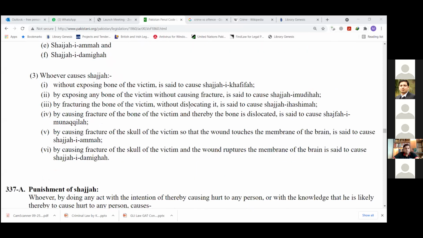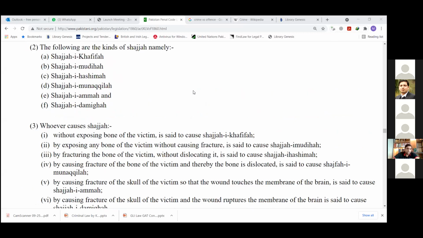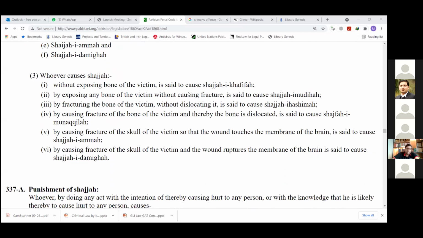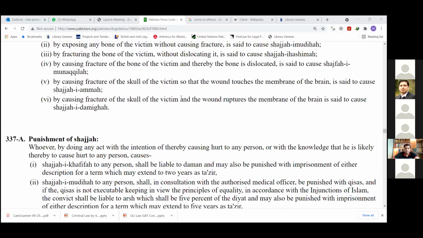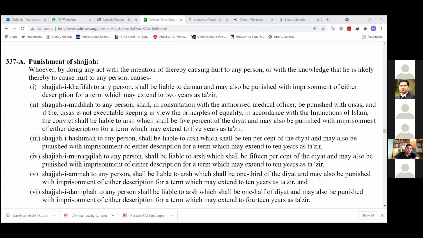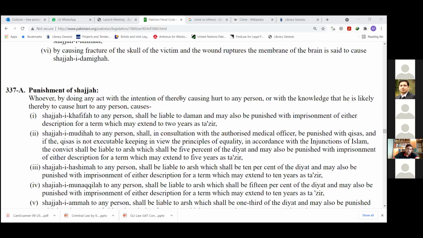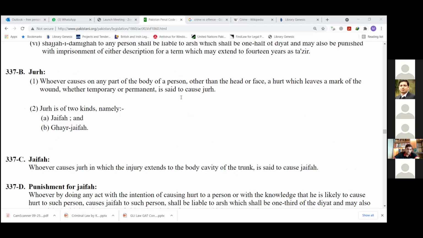Khafifa is without exposing bone, modihah is by exposing bone, hashimah is by fracturing it, munaqqilah is by fracturing and dislocating the bone, ammah is by fracturing the skull, and damighah is by fracturing the skull and rupturing the membrane of the brain. So highest is damighah and lowest is khafifa. So accordingly, the punishments have been prescribed.